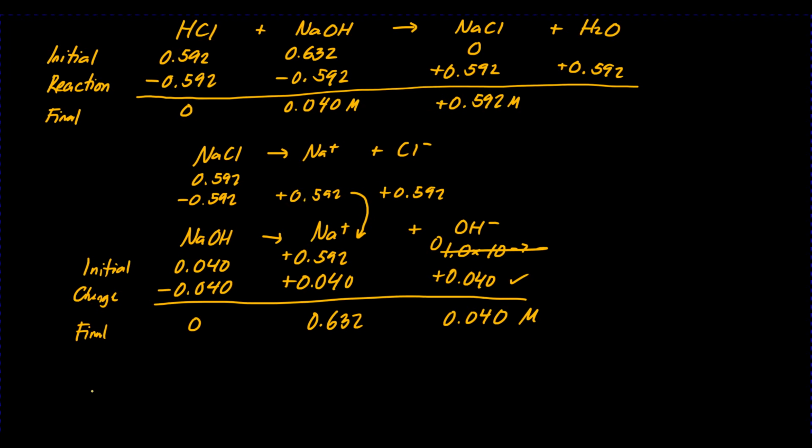Okay, so now what is the formula for pH? Now that we have the most important data, pH is the negative log of the concentration of the hydrogen ion, but what we have here is the hydroxide ion. So from here we can compute the concentration of the hydrogen ion using this equation.